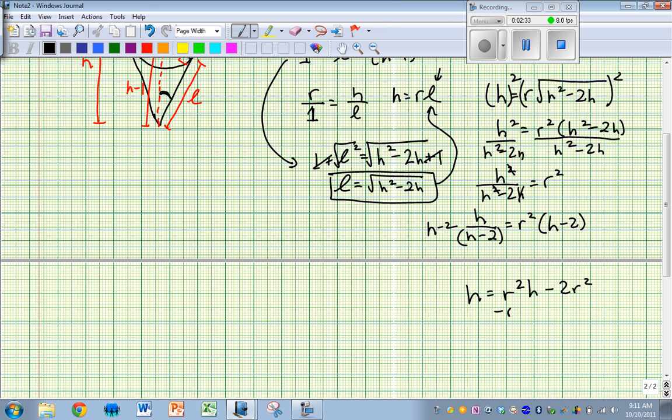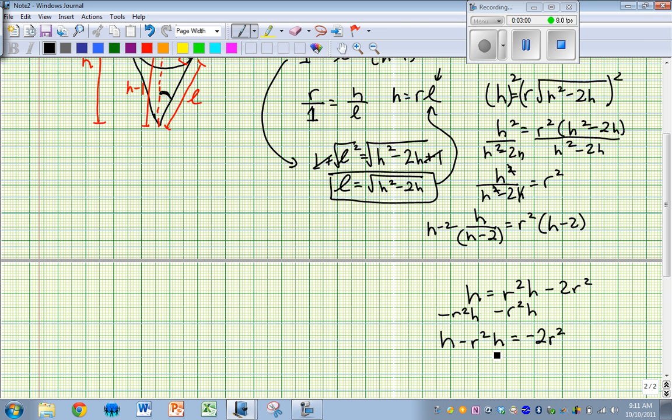So I'm going to subtract r squared h on both sides. Oops, r squared h, r squared h. So I'm going to have h minus r squared h equals negative 2r squared.